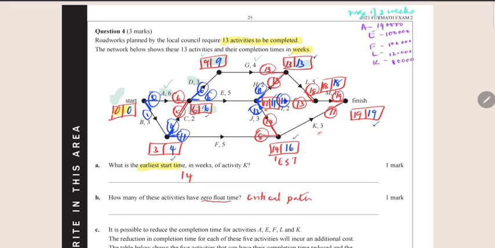And 13 plus 5 is 18, and 18 plus 1 is 19. So the activities that form the critical path are A, D, G, L, M. So this is one set.